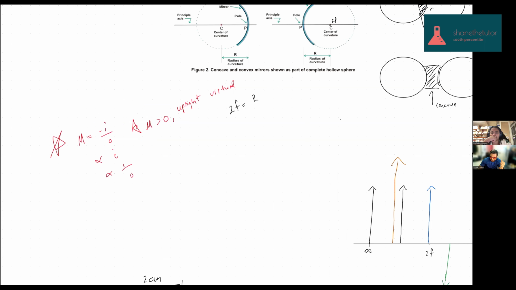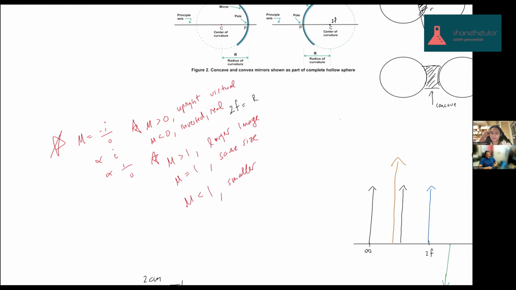If the magnification is negative, it will be inverted and real. If the magnification is larger than 1, it will be a larger image. If the magnification is equal to 1, it's the same size. And if the magnification is less than 1, it's smaller.